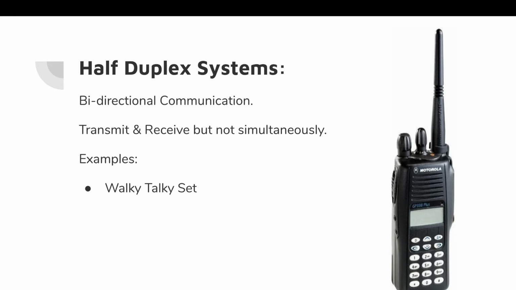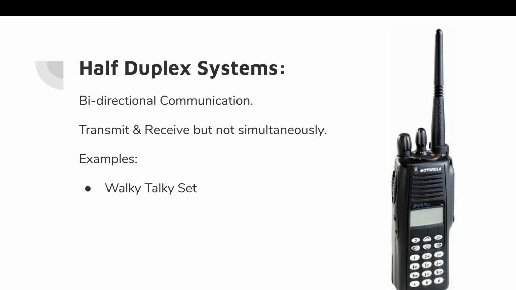Second is the half duplex system. What is the half duplex system? Half duplex is also known as bidirectional communication, where a device can send signals and can also receive signals, but not simultaneously. For example, when you are transmitting a signal, the other person has to wait until the signal gets received.